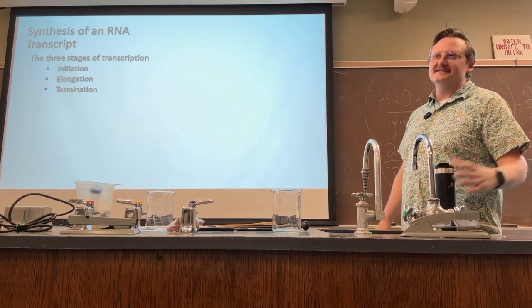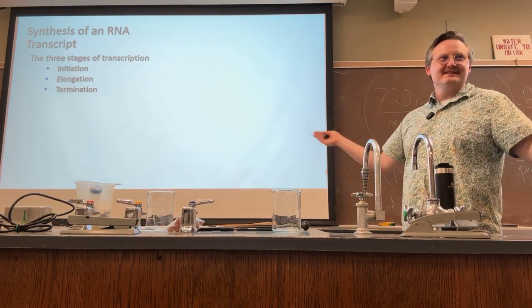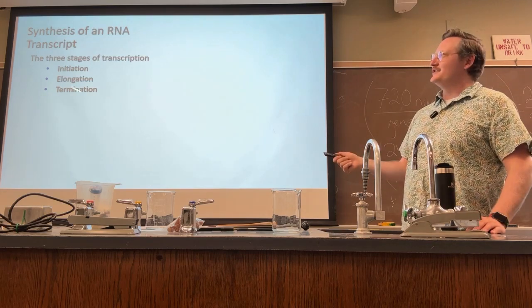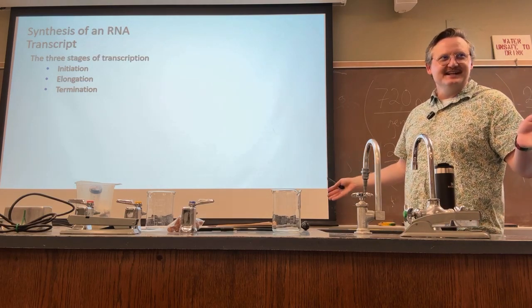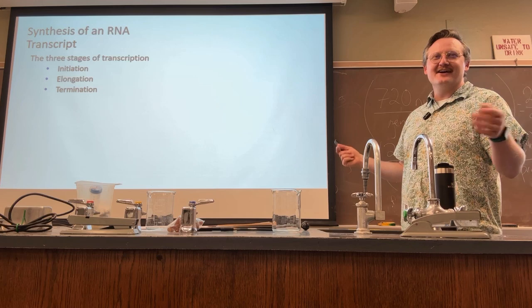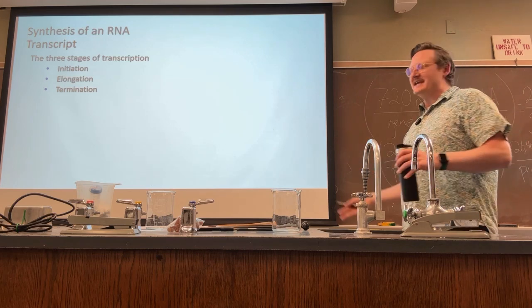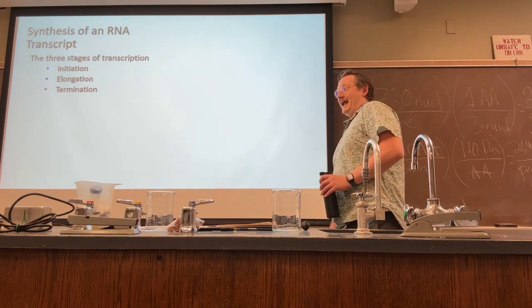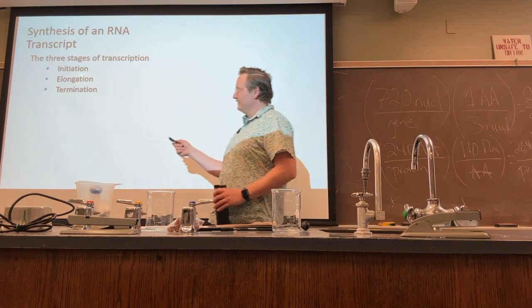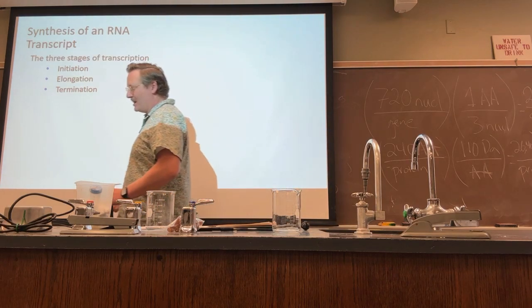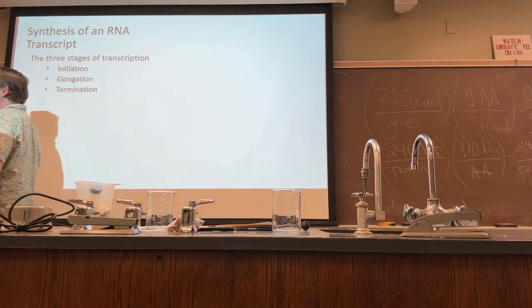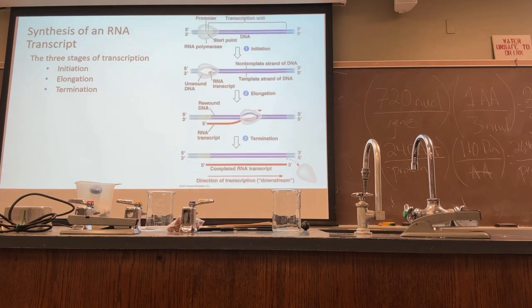It elongates: the RNA transcript gets longer. It terminates: it hits the terminator sequence, and RNA polymerase stops making RNA. So it starts, makes the sequence longer, and then stops. Nothing too wild there.